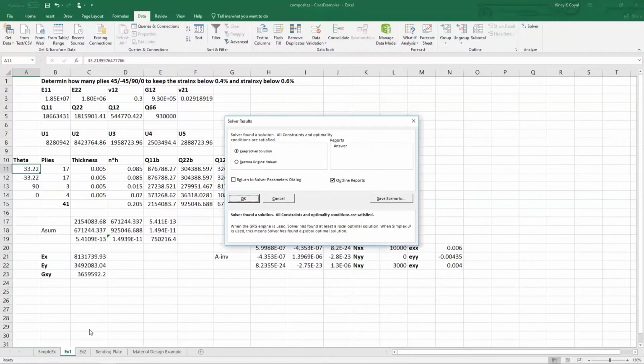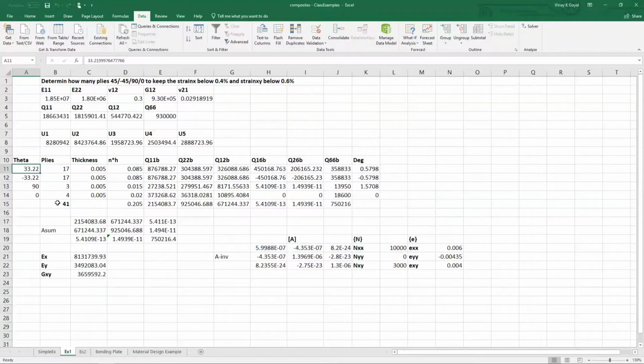And so why don't we look at what we got here? We got 41 plies now. And you can see that I got plus minus 33 degrees, which means that the plies want to bias more towards the axial direction because I have the most loading there, yet it's finding a great balance because I have the shear loading. And so I did decrease the weight.